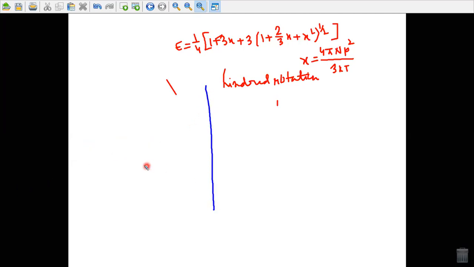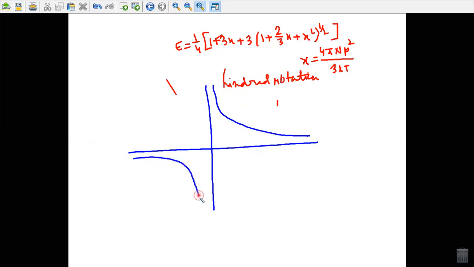So this is my axis. The coth x basically has this type of asymptotic behavior, right? This is x, this is y. We have plotted y equals coth x, the hyperbolic cotangent, defined as e to the power x plus e to the power minus x upon e to the power x minus e to the power minus x. That is 1 upon tanh x.